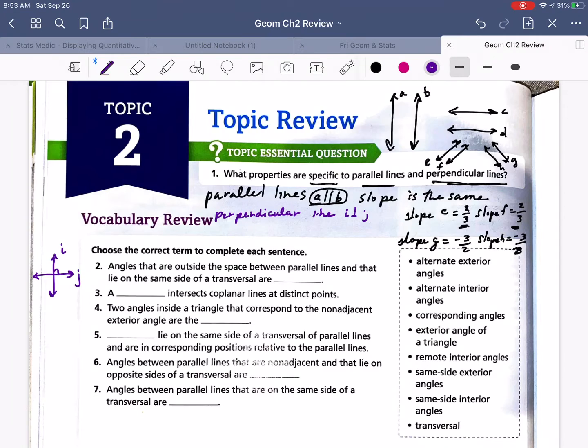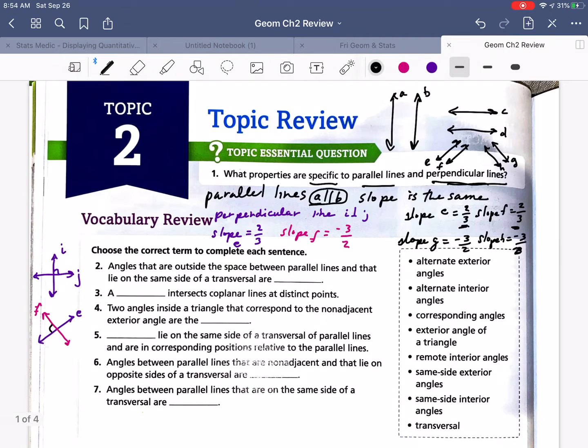And also if they're not vertical or horizontal, kind of like our lines E and F, we can go back to line E. If the slope of E is +2/3 and the slope of F is -3/2, then those would also meet at a 90° angle because their product is equal to -1.